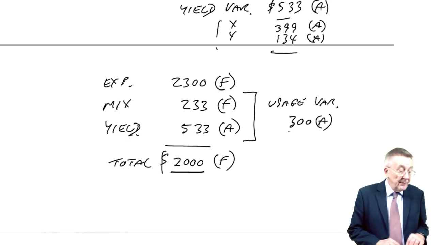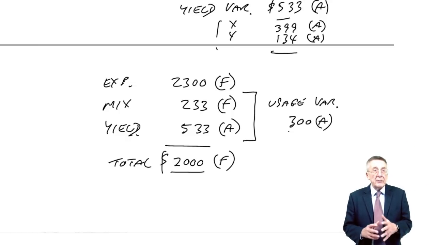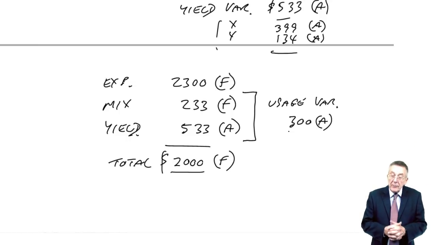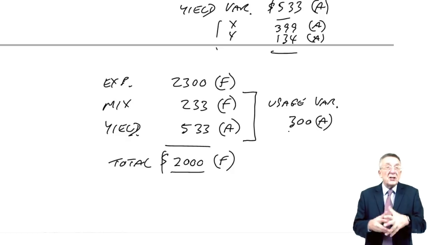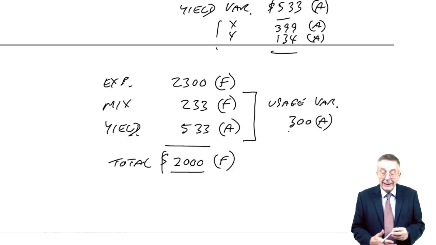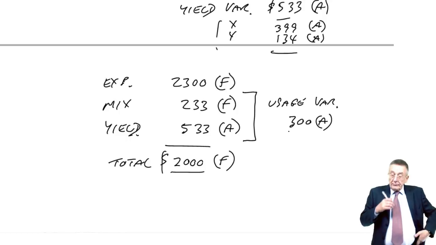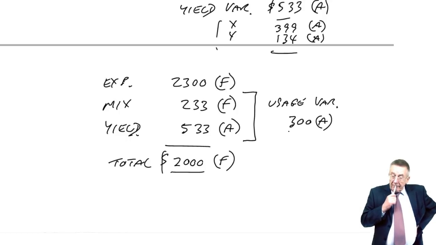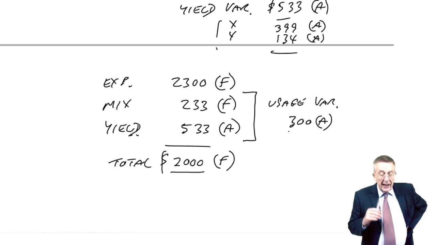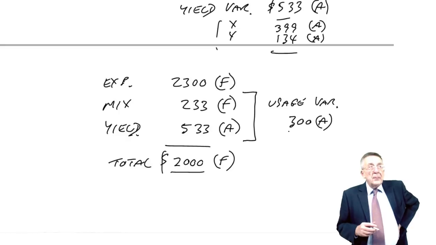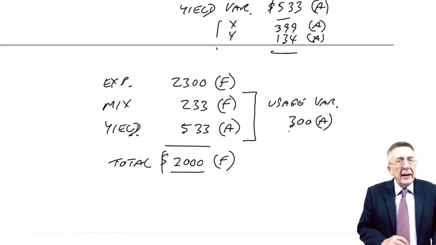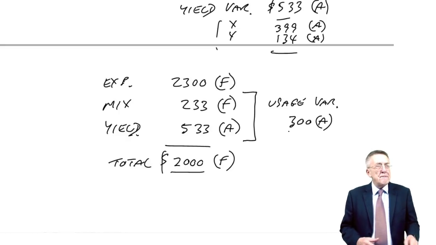Second, the interpretation. You can't learn a rule here. It's a question of have you understood it, and extra information given in the question, which doesn't affect the arithmetic, but gives you a clue. We've got a favourable mix variance. Now, not in this question, but just think about why you might change the mix.